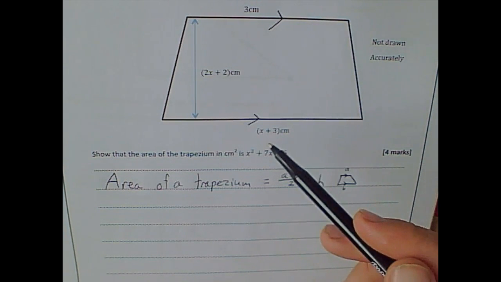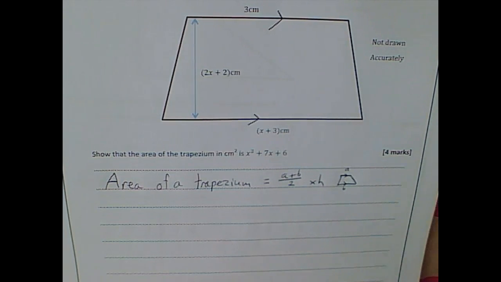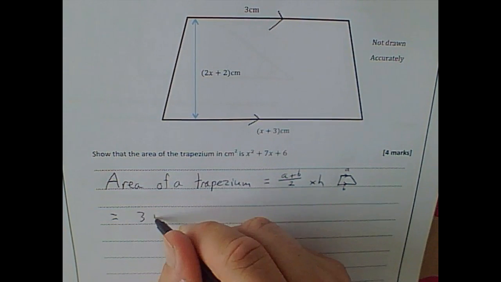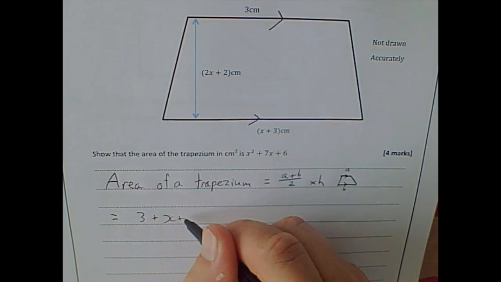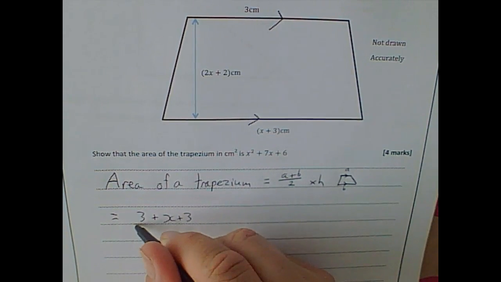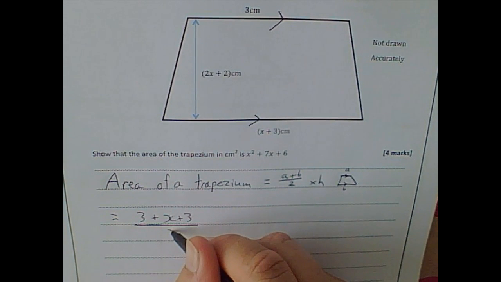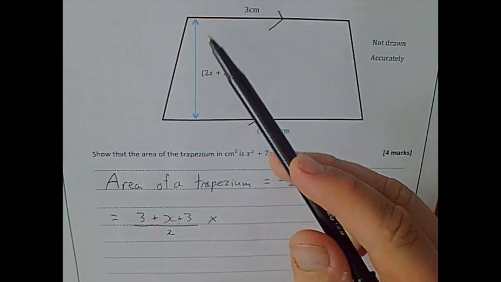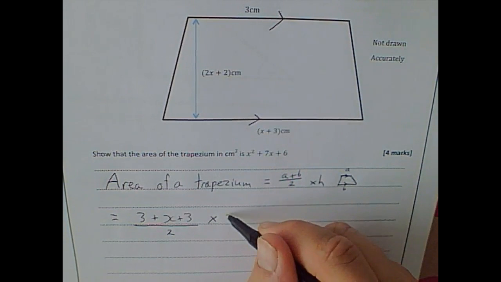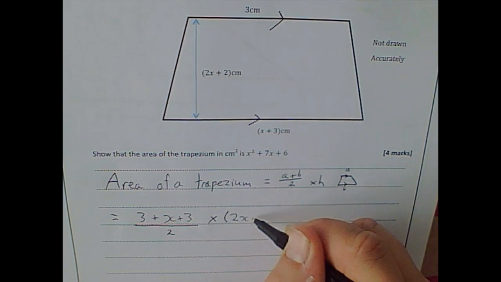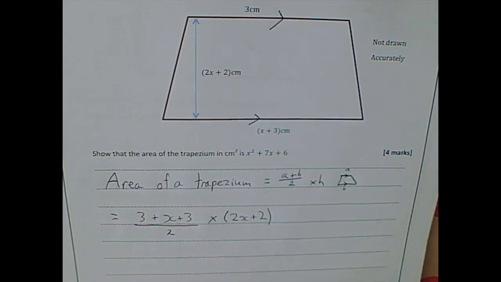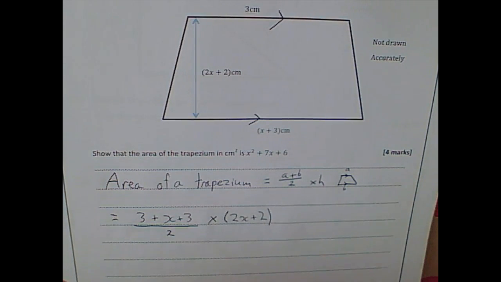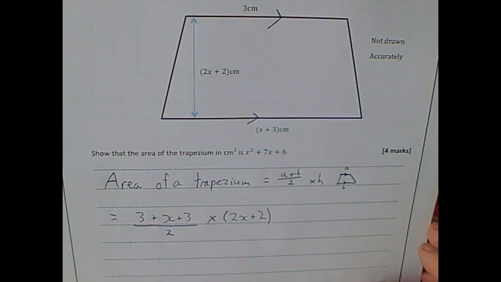So if I make A 3 and B is x plus 3, I've got 3 plus x plus 3 divided by 2 times by h. My height is given to me here as 2x plus 2. Alright, so let's just tidy this up a little bit.